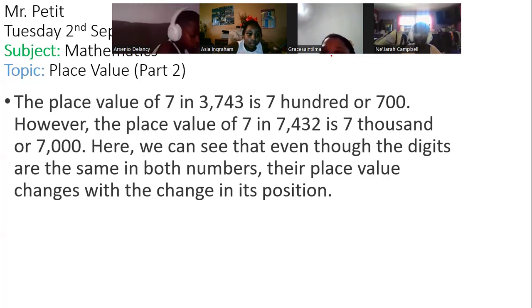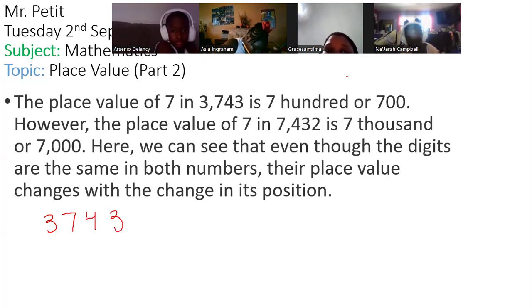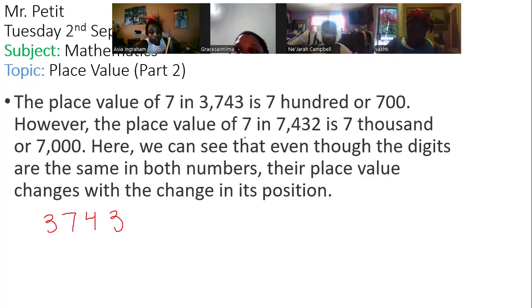Very good. So what we're basically trying to say is, let's look at the first number, 3,743. That's the number that we have, right? Grace, what is the place value of 7 in this number? 700.